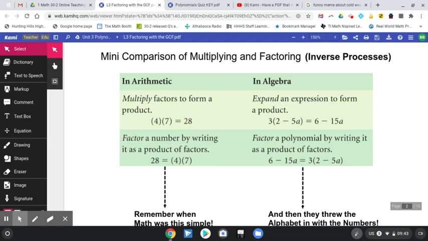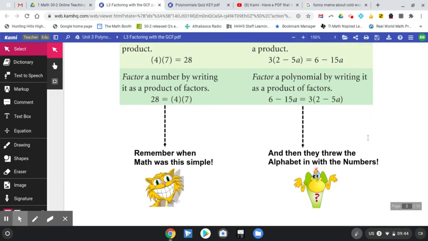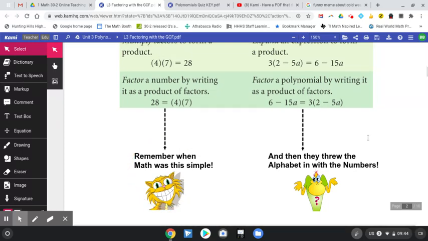Factoring a number, you'd start with the 28, and your job would be to say what are the factors that multiply to give 28. So you've done that before with numbers in the past, factoring numbers. And what's going to be new now is we're going to be factoring polynomials.